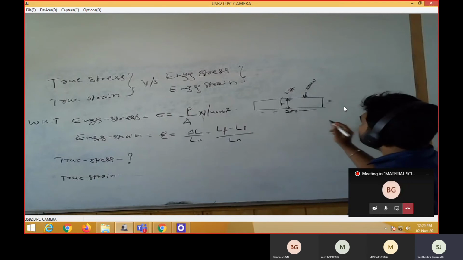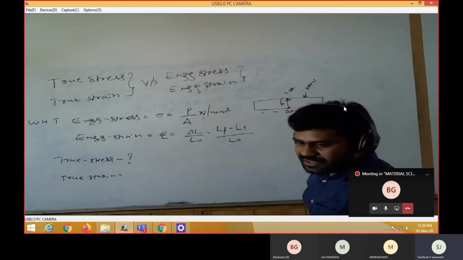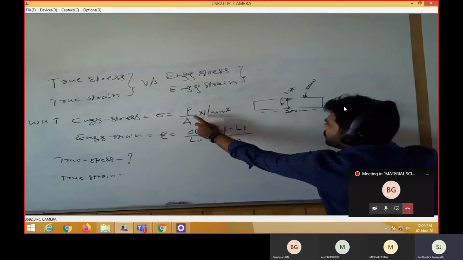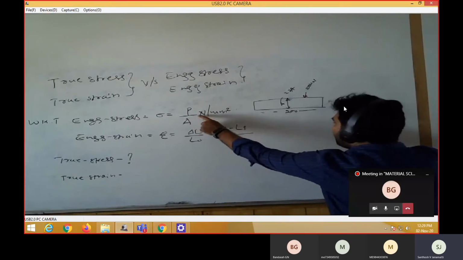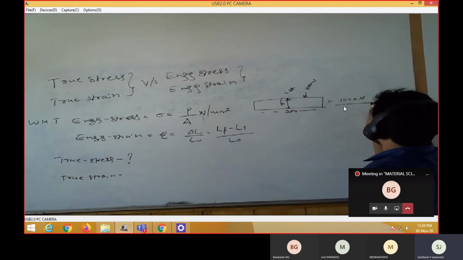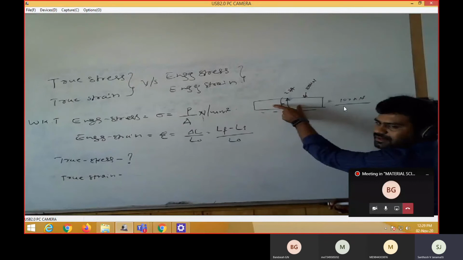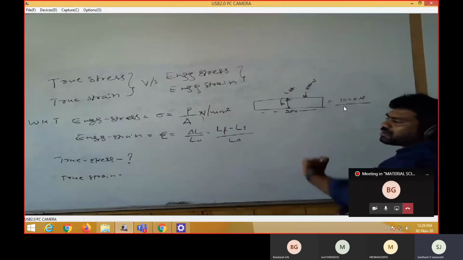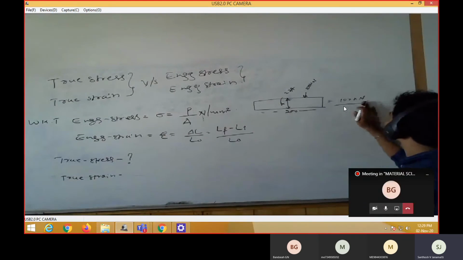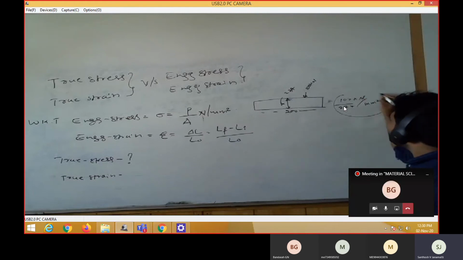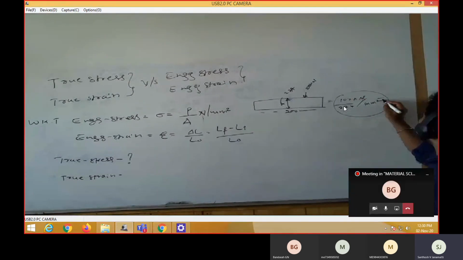We take the applied load, 100 kilonewton, divided by the cross-section area. It is given in terms of the diameter, so we are converting this diameter into the cross-section area, around about 224. Once you simplify, you will get some value.